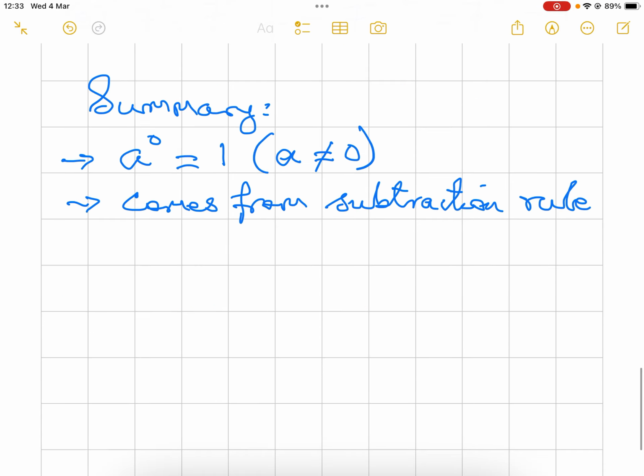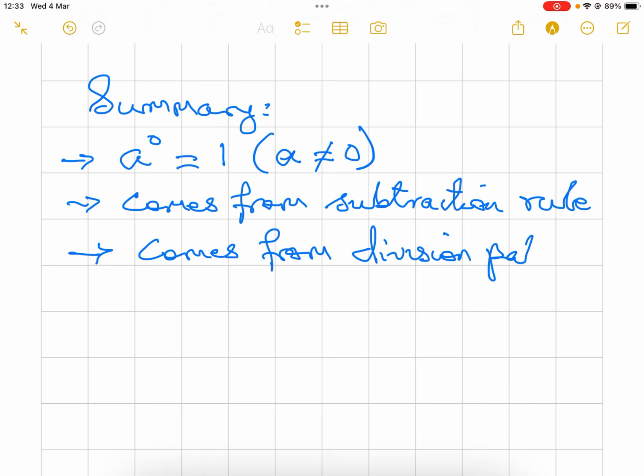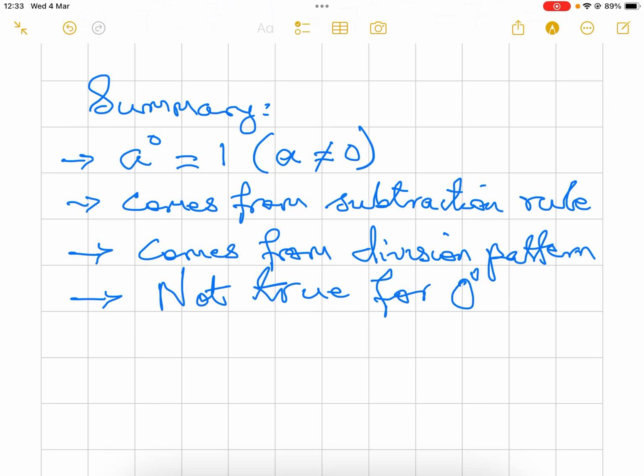We also learned that this comes from the division pattern. And finally, we learned that a raised to power 0 equal to 1 is not true for 0 to the power 0.